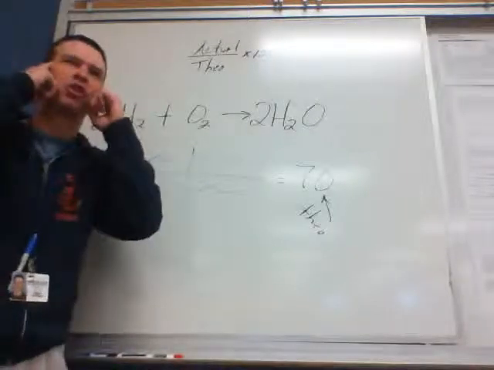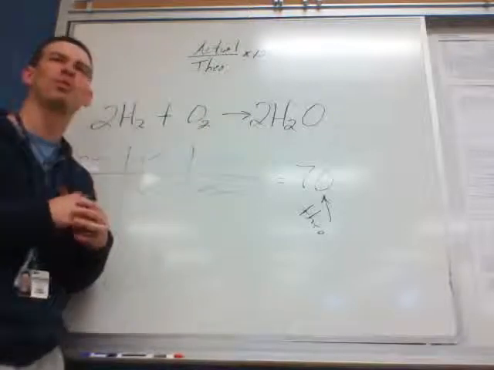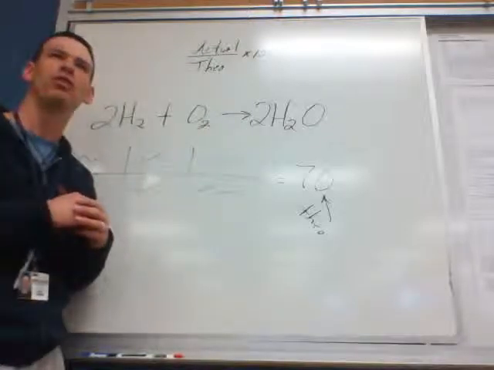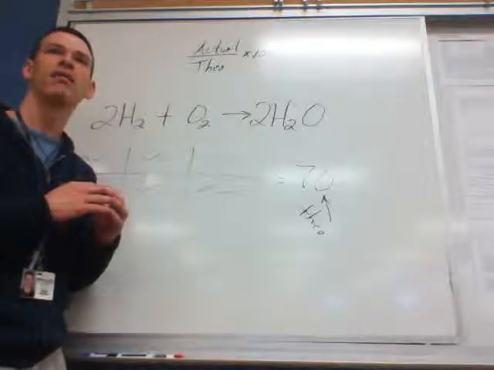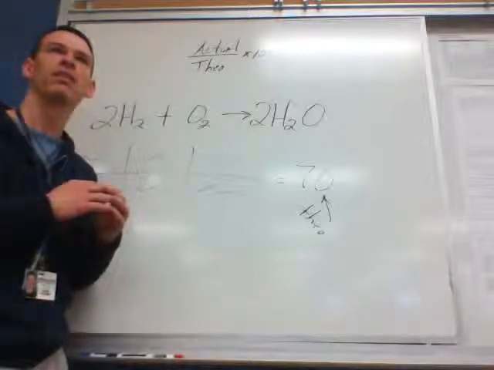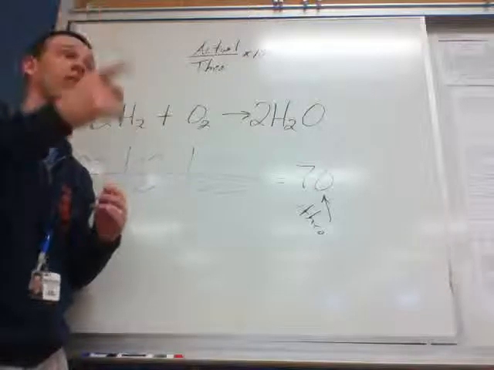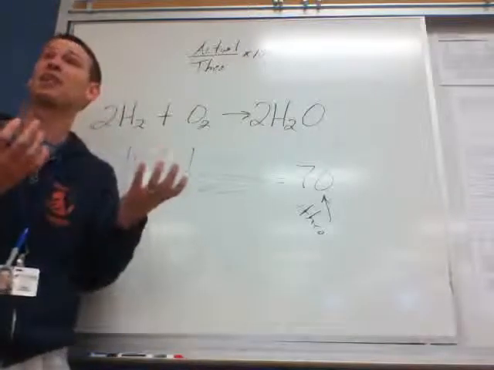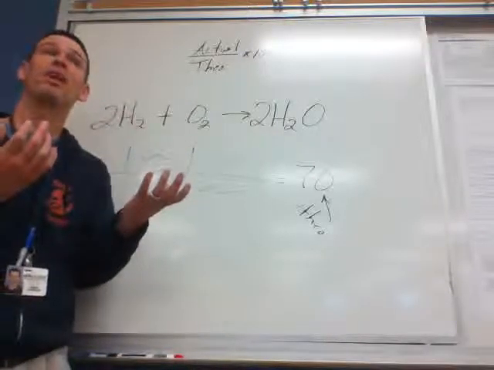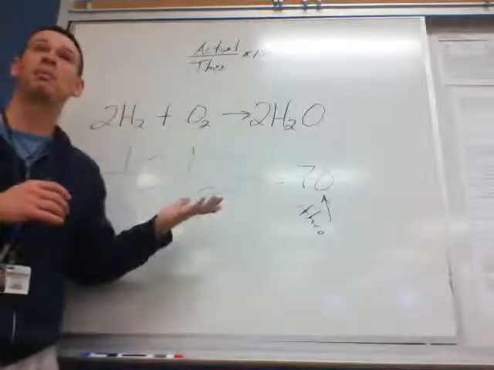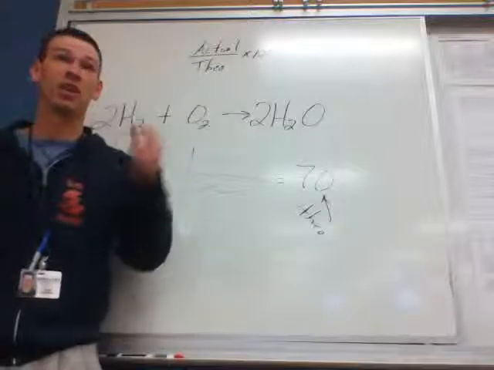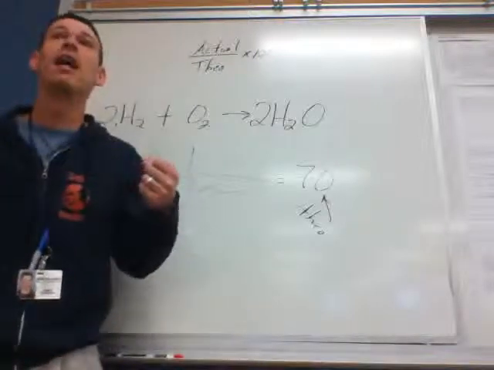Think about it. Think about the car analogy. How would we find an actual yield of this reaction? What would we have to do to get an actual yield? Not to find percent yield, to find an actual yield, a number. In order to find that value, we would have to go do the experiment. Remember, to find the actual yield of the car, you have to go drive the car.